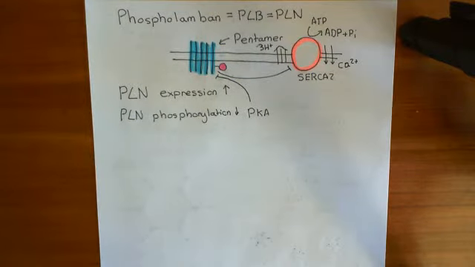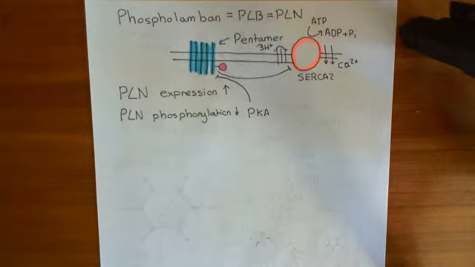So just to review, SERCA2's function is too low within concentrically hypertrophied cardiomyocytes. One of the reasons for that is that you just have too few SERCA2 pumps in the membrane of the SR. Another reason is that the SERCA2 pumps that are there are being inhibited by the phospholamban.